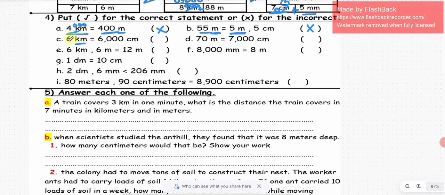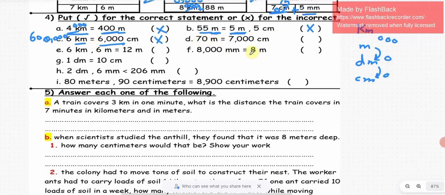Kilometer, meter, decimeter, centimeter, millimeter. Kilometer to go down to centimeter, we're going to put 5 zeros. So it has to be 600,000. Is it 6,000? No, wrong.